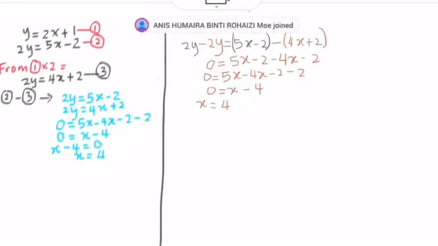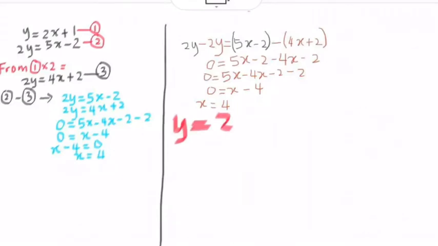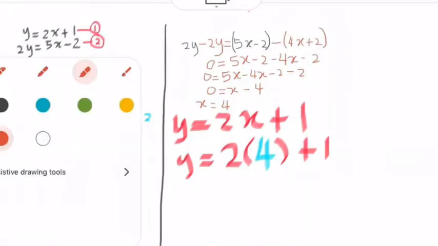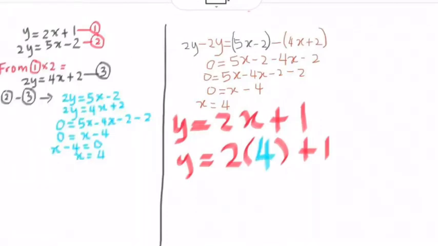Now, kita ambil y equals to 2x plus 1 and then you substitute x. Jadi y equals to 2 times x plus 1. X berapa? X is 4. Okay, so you dapat y equals to 9.